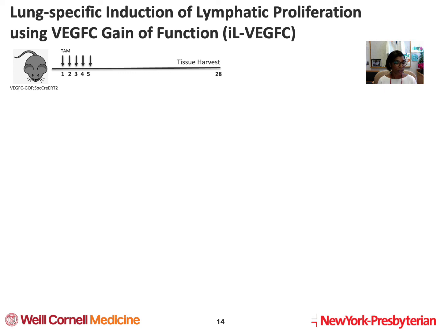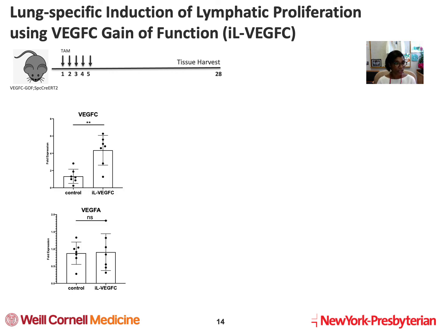So this is mice where we will induce expression of VEGFC using a VEGFC gain-of-function allele with a lung-specific promoter, the SPC-CRE. When we give that mouse tamoxifen, we'll then wait a month to harvest the tissue. You can see that we get robust upregulation of VEGFC, whereas VEGF-A is not affected.